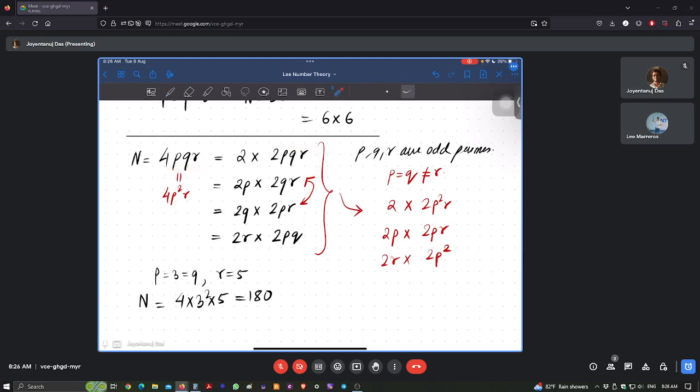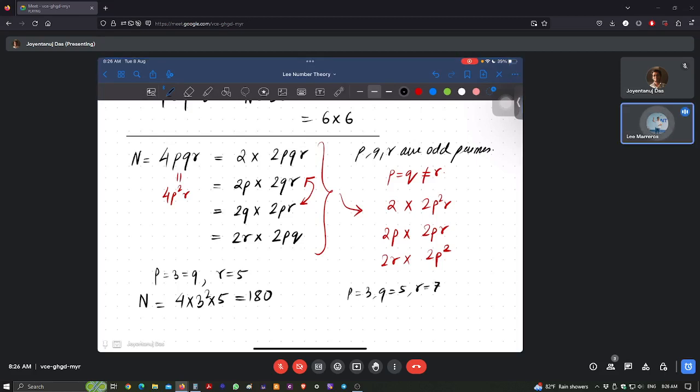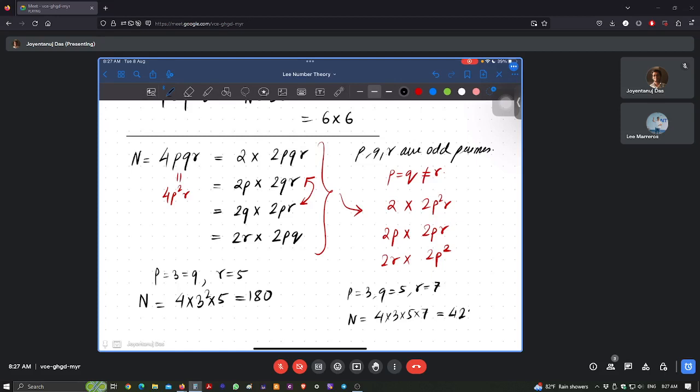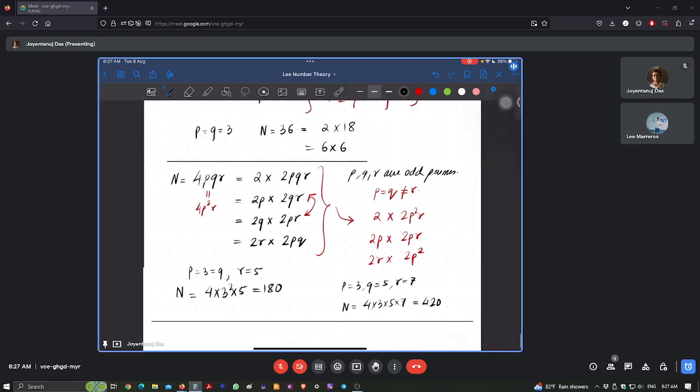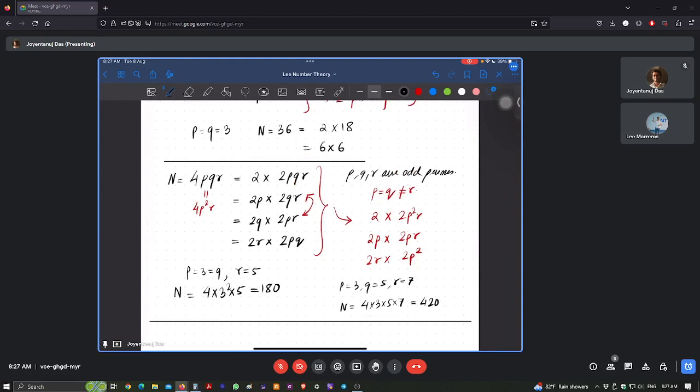So the smallest number is P equals 3, Q equals 5, and R equals 7. The number will be 4 times 3 times 5 times 7, which is 420. So 420 is the smallest number that can be written with four factorizations.